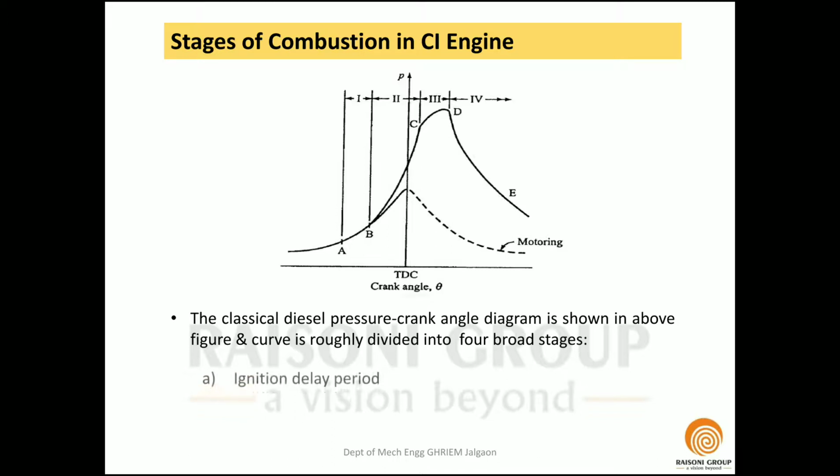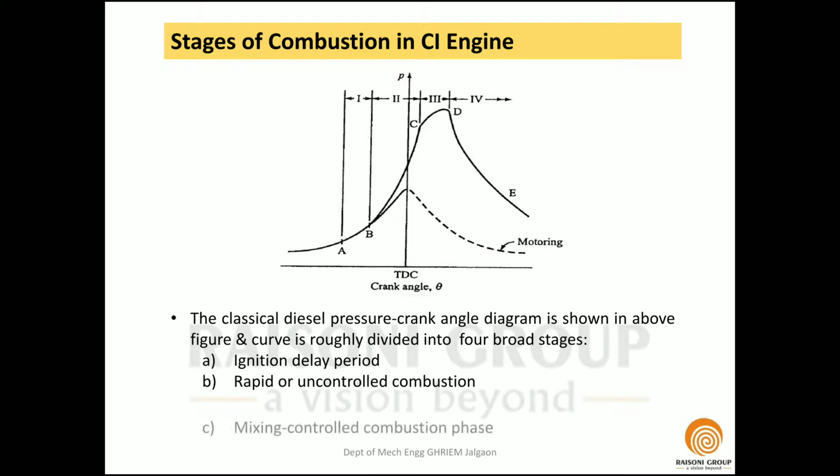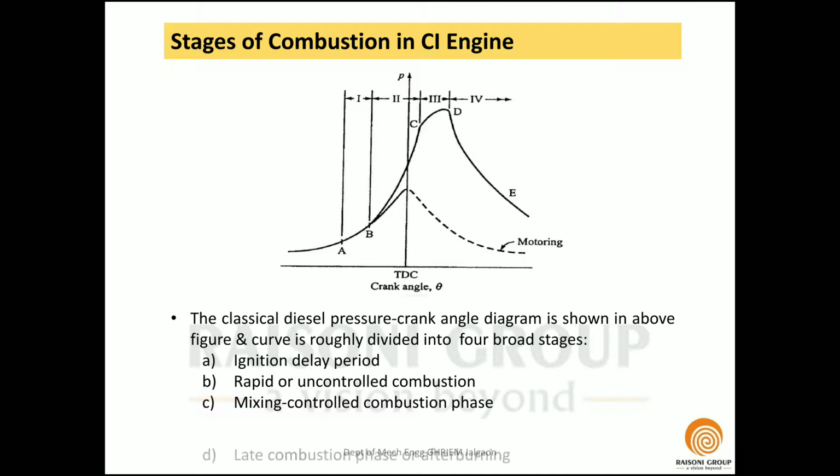These are: the first one is the ignition delay period, the second one is the rapid or uncontrolled combustion, the third one is the mixed or controlled combustion phase, and the fourth one is the late combustion phase, also called afterburning.